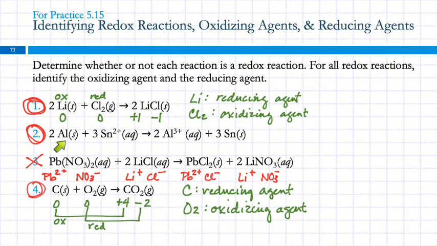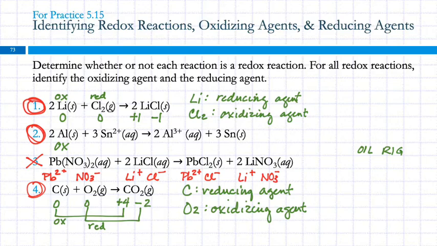Okay, number 2 is actually the easiest one. Here we've got aluminum with no charge going to aluminum with a +3 charge. If we want, we can think of this in terms of losing and gaining electrons, or we can think of going up and down in oxidation state. Let's think of it as electrons. How does aluminum become a +3 ion? Does it gain electrons or lose electrons? Loses electrons, right? Oil rig. Oxidation is loss of electrons. So the aluminum is being oxidized. The tin is going from +2 to 0.